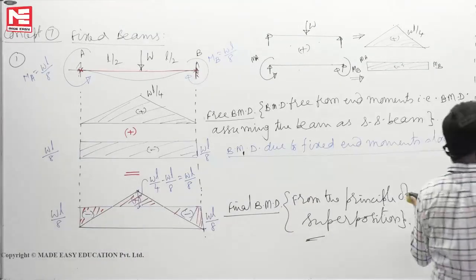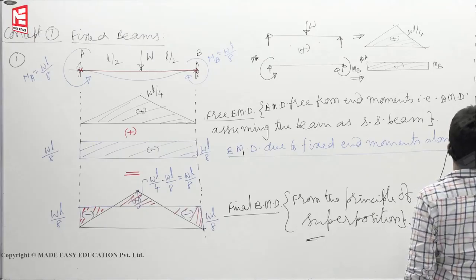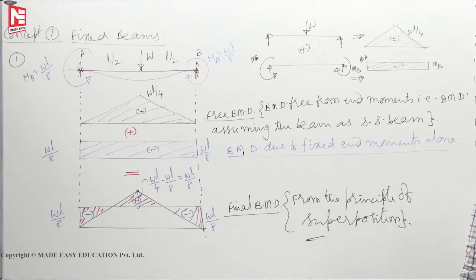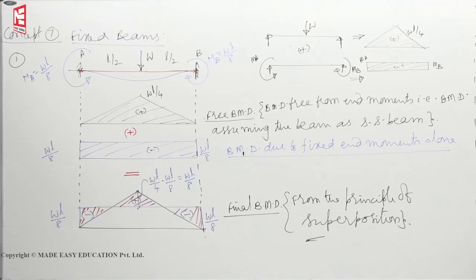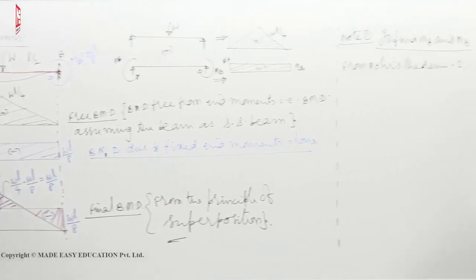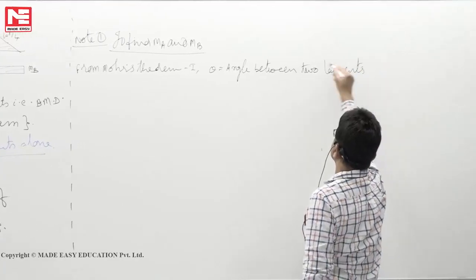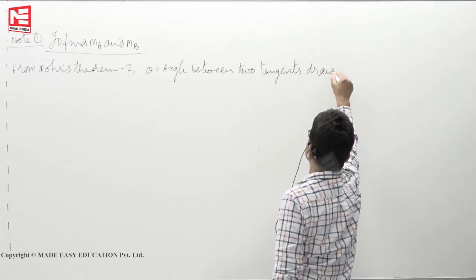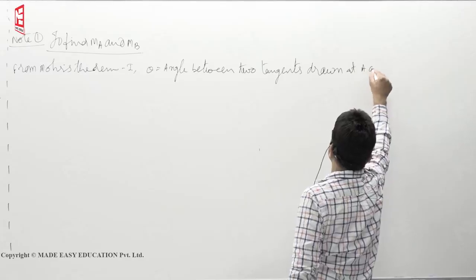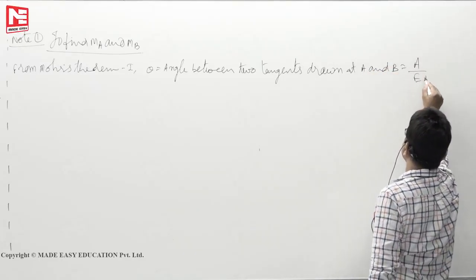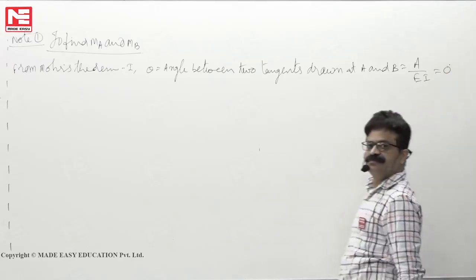So we can write like this. From Mohr's theorem 1, theta, the angle between two tangents drawn at A and B, is nothing but area by EI, which is nothing but 0.